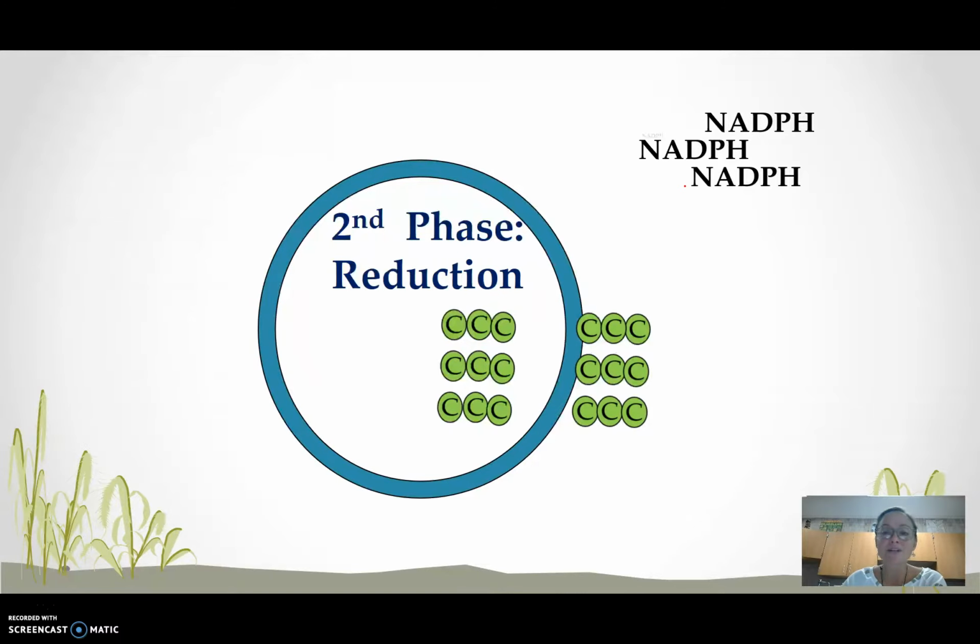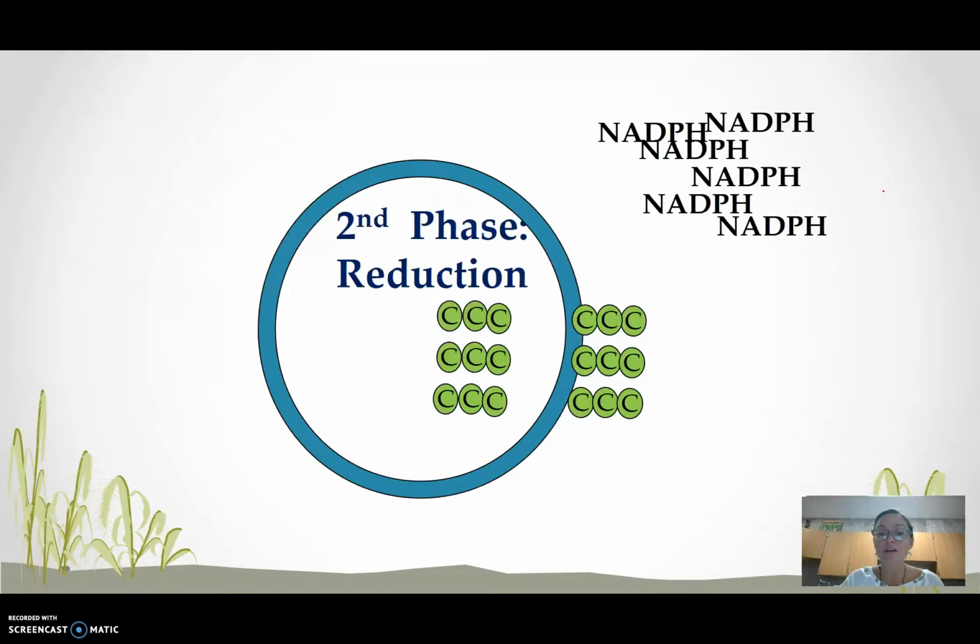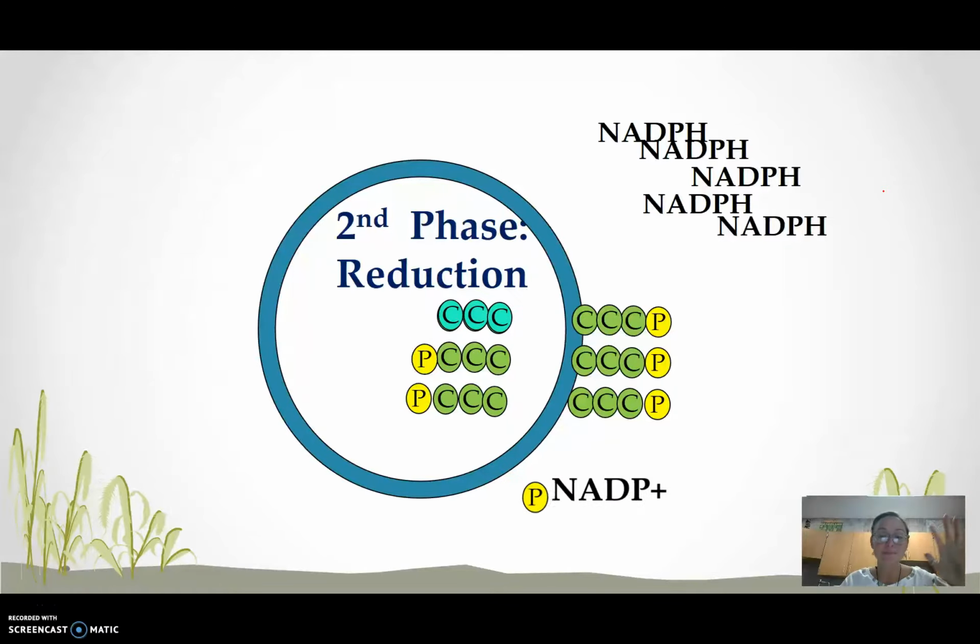And in the reduction phase, these electron carriers are going to become oxidized, which means they're going to donate electrons or donate hydrogens. And so I'm going to show you on one of them. So here you have one electron carrier, NADPH, is going to become oxidized.